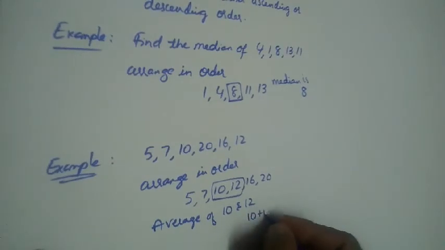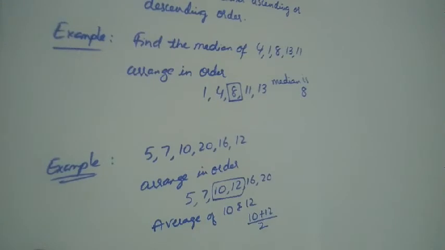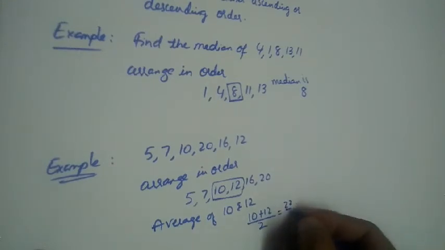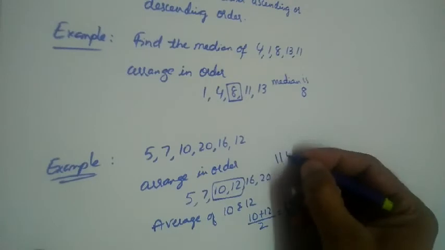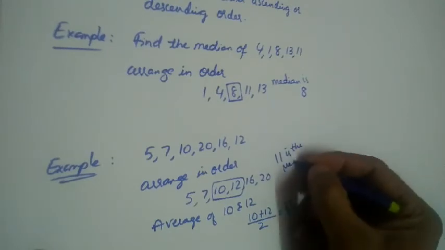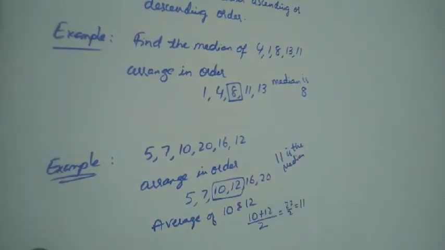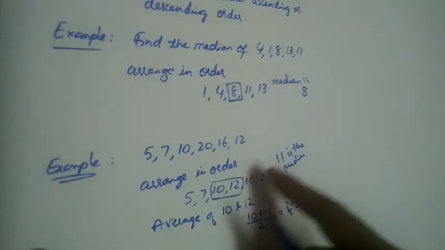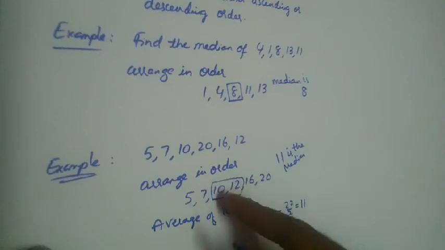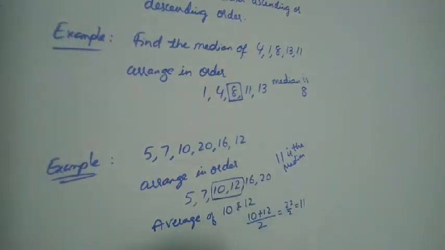We should add these numbers and divide by 2. So this is 22 by 2, which is equal to 11. So 11 is the median. The middle value of 10 and 12 is 11, isn't it? So that is the average of 10 and 12.